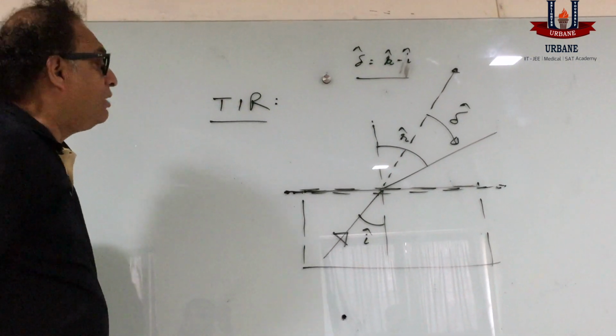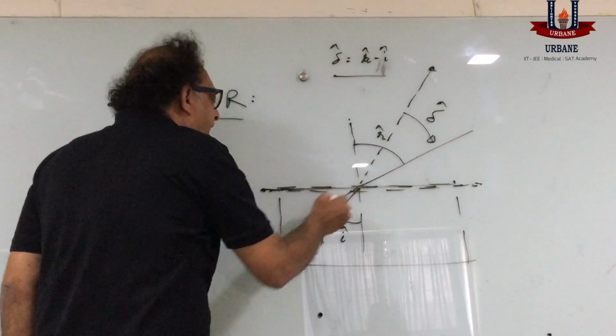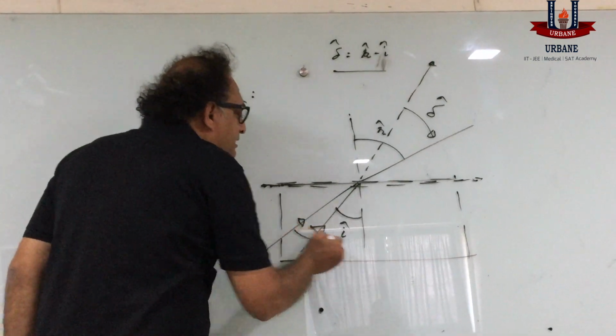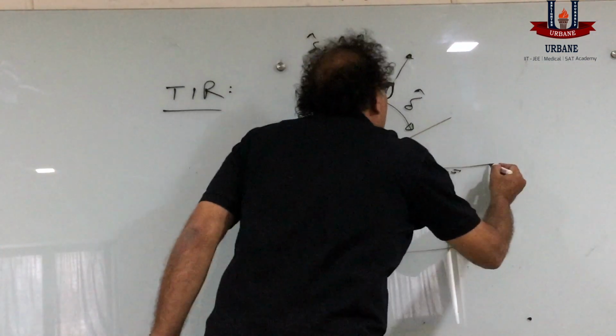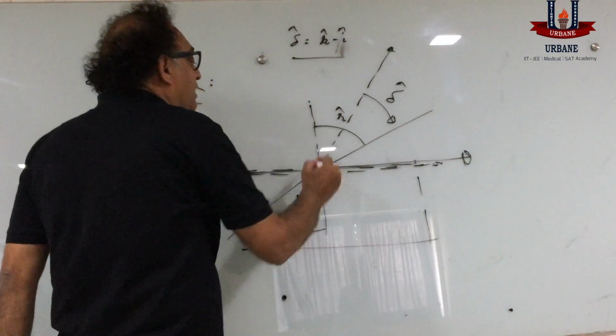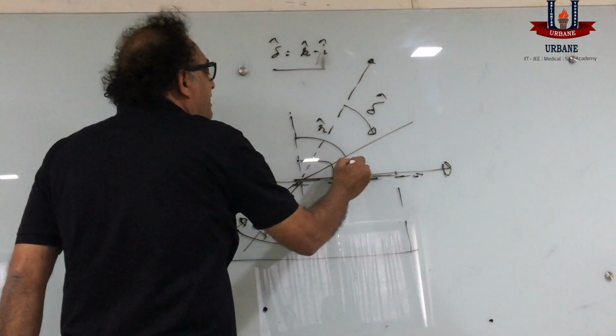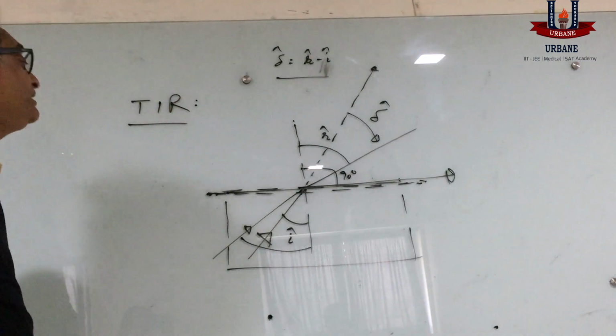Now, if I try to increase the angle of incidence here, the angle of incidence has been increased, this ray of light will graze the interface, which means the angle of refraction has become equal to 90 degrees.